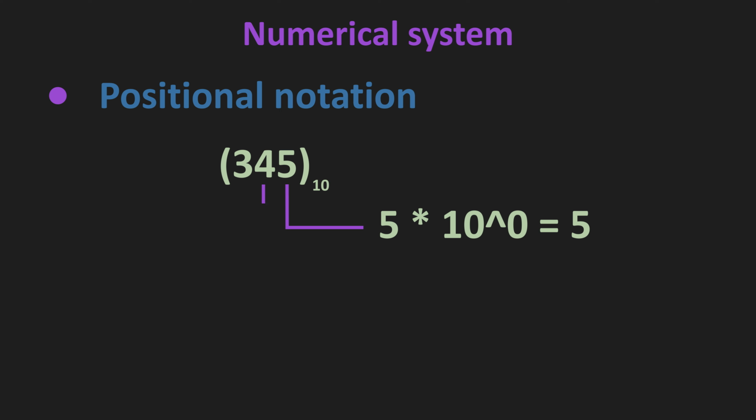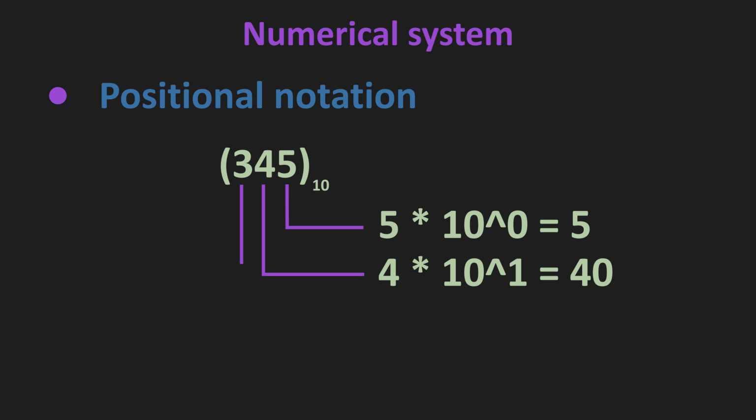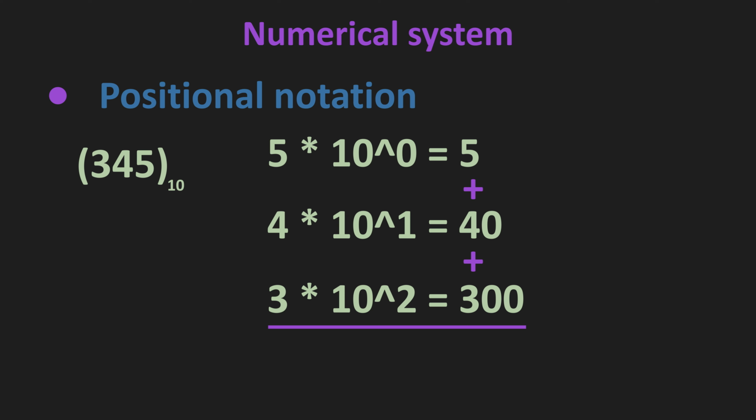The middle digit 4 represents 4 multiplied by 10 to the power of 1, which is 40, and the leftmost digit 3 represents 3 multiplied by 10 to the power of 2, which is 300. When you add them together, you get 345.